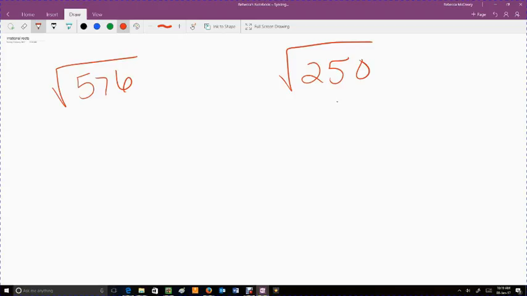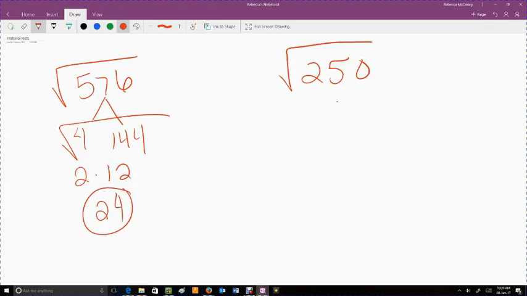It's just such a large square that we're not familiar with it. So we find it by breaking it into those composite squares, which we found out earlier was 4 and 144. We take the square root of those, and we get 2 times 12, which is 24. And so we find out that the square root of 576 is 24.